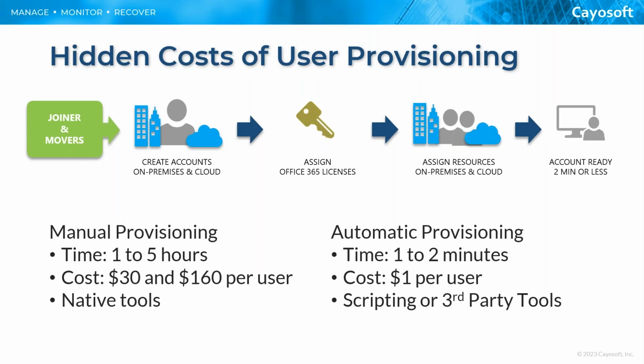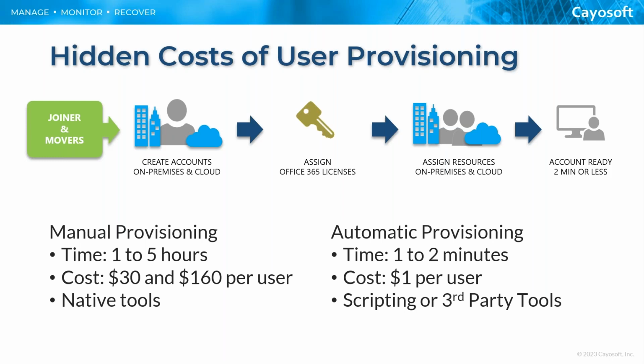So the investment isn't the time it takes somebody to do that manual provisioning task and their salary. It's the time somebody and the salary they have writing the script, or the amount of money you pay for third-party tools. But that's a pretty big cost savings. Let's say I'm off by half and it only costs you $15 or $10 to provision a user.